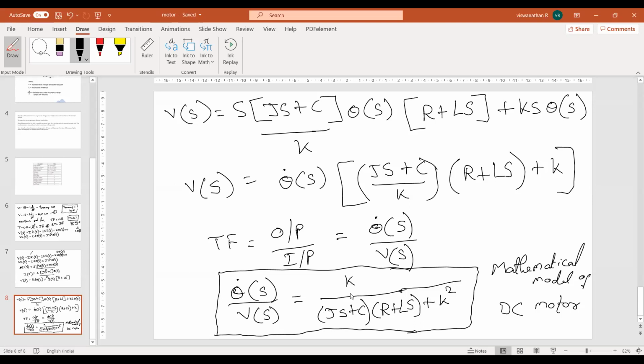Now from that you can take this mathematical model, that is theta dot of s divided by V of s.